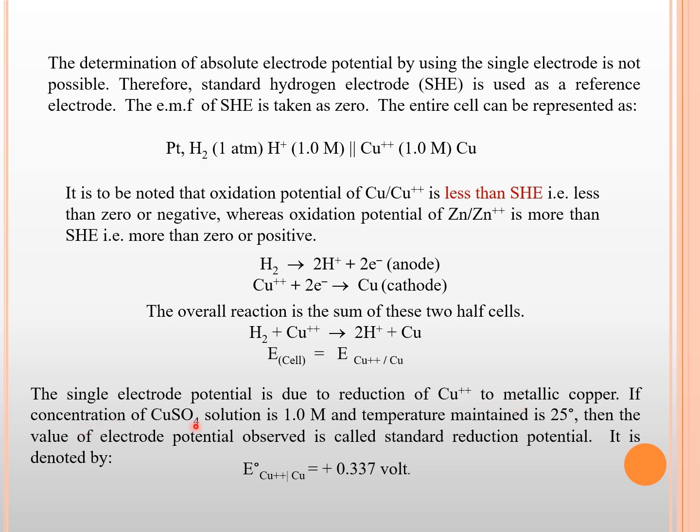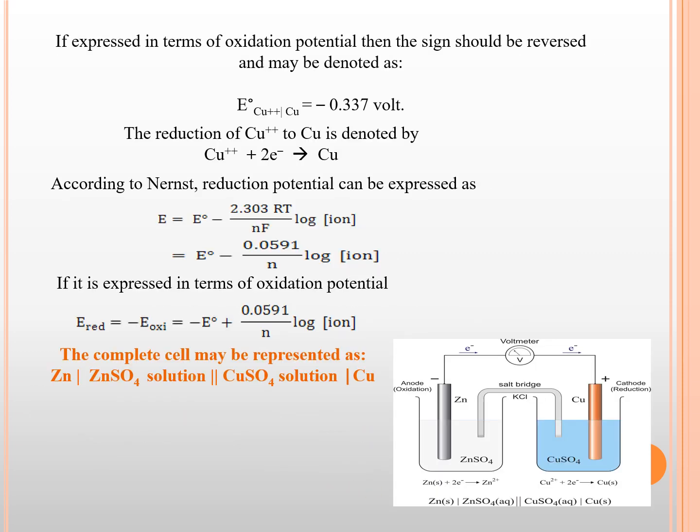If the concentration of copper sulfate solution is maintained at 1.0 molar and temperature 25 degrees centigrade, then the value of electrode potential observed is called the standard reduction potential, and it is denoted by E0 of Cu2+ in contact with Cu. The value comes out to be plus 0.337 volt.